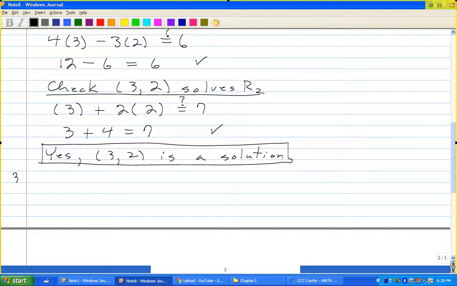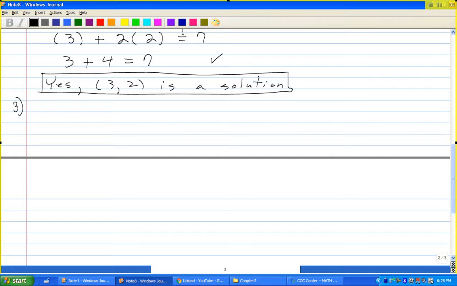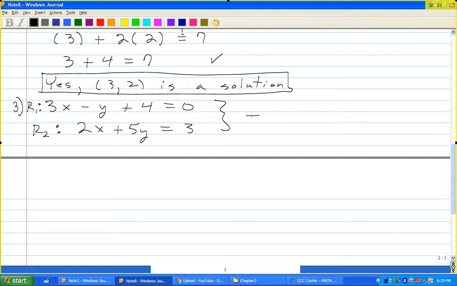Let me do problem number 3. 3x minus y plus 4 equals 0. Maybe I'll call that R1. R2, 2x plus 5y equals 3. So it asks, is the point (-1, 1) a solution to the system?